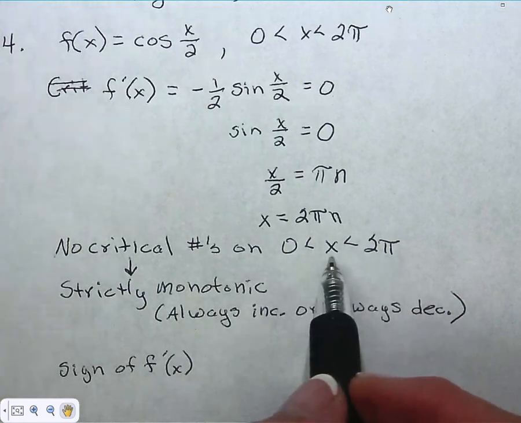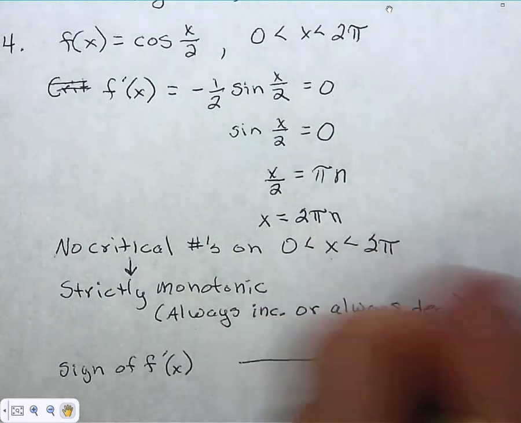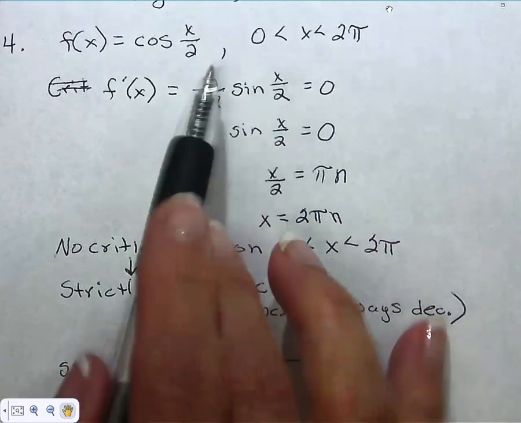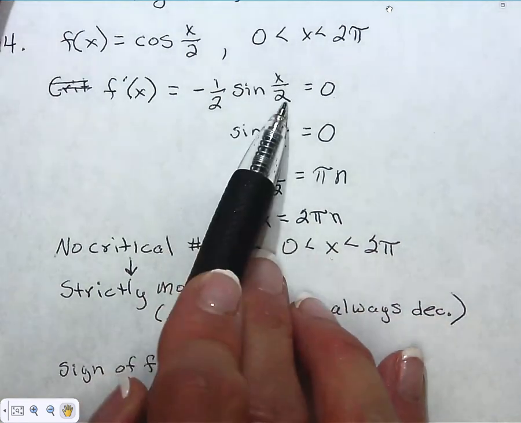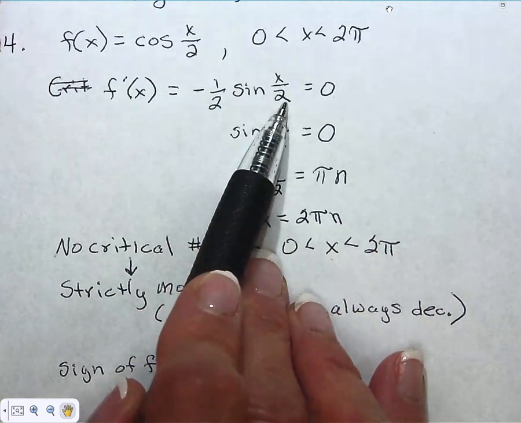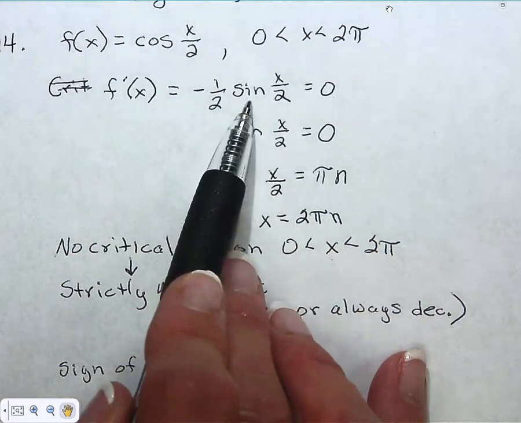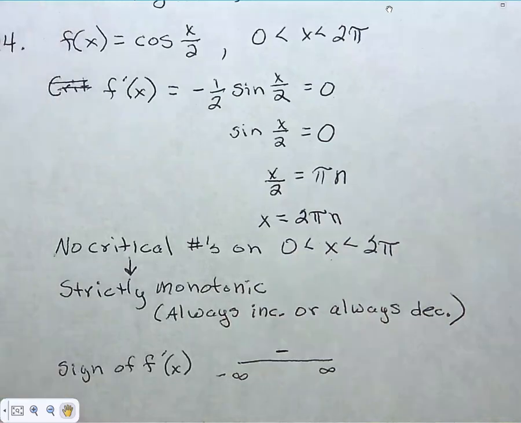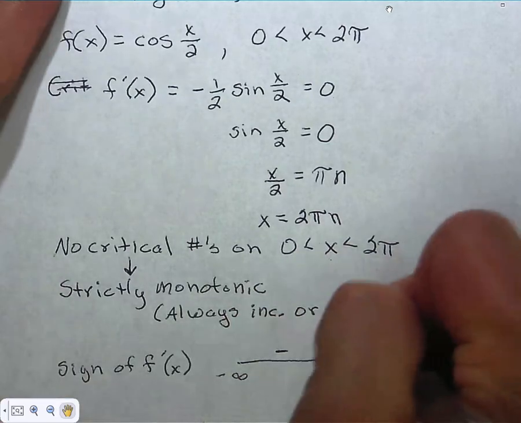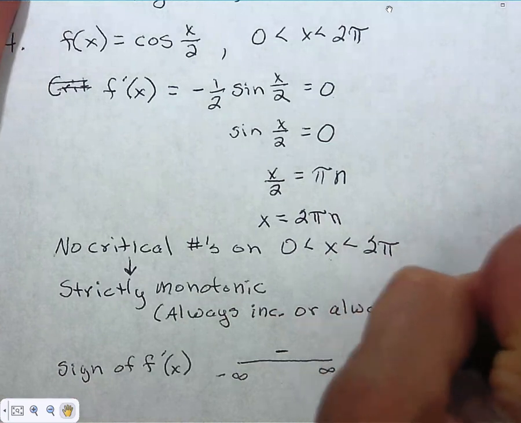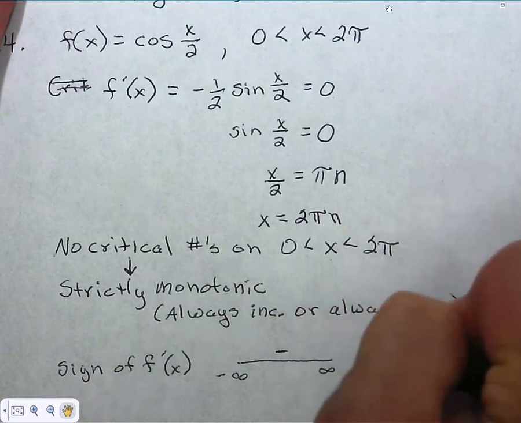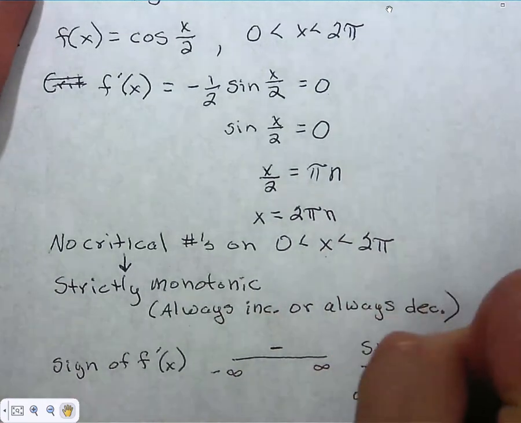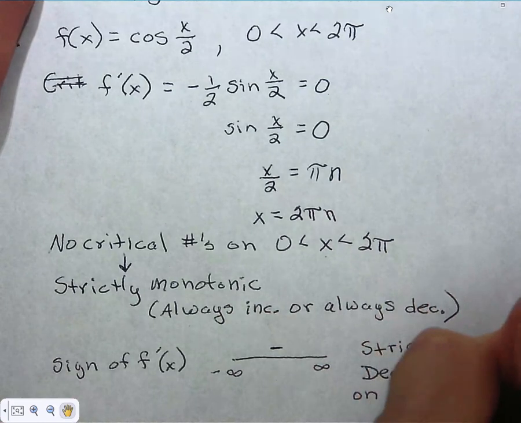If I let x be pi, then what's sine of pi over 2? 1. And 1 times negative 1/2 is negative. Doesn't matter what, negative. So it's strictly decreasing. Or you could say decreasing on the interval from 0 to 2 pi.